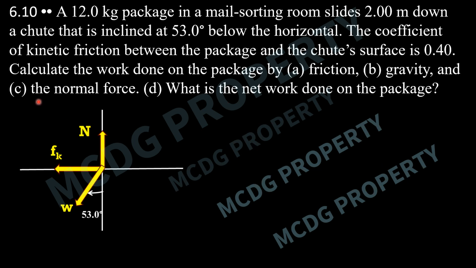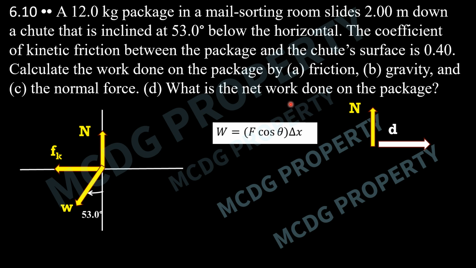Now let us calculate the work done by the normal force. The normal force, as seen here in the free body diagram, is directed upward. And again, the direction of motion of the package is to the right relative to the normal force. That's your d. Therefore, the work done by a constant force is F cosine theta times delta x. We substitute the given information.